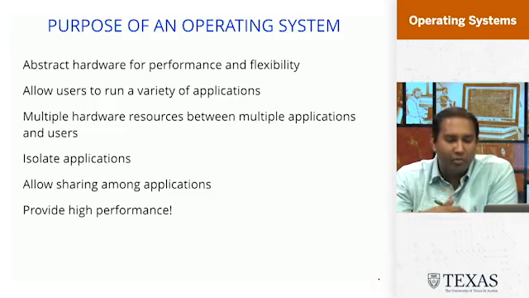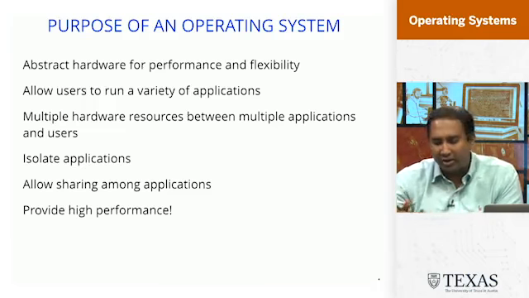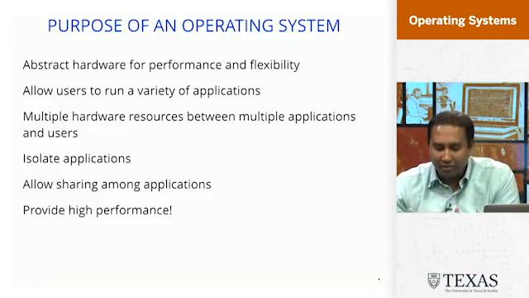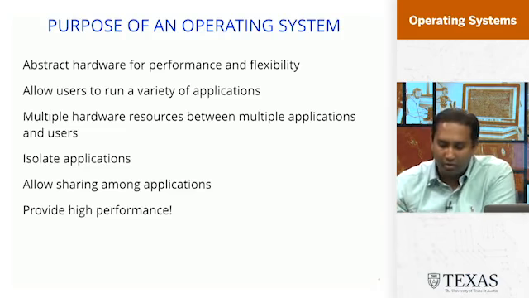We don't want users to be writing code directly on the hardware. So the operating system is this intermediate layer which makes it easier to do all of this, and you want to do this at high performance. Just because the operating system is giving you a nice abstraction, if it's 10 times slower, people will not use it. So it has to be high performance, but it also has to have flexibility so that different users can run different applications on top of it.